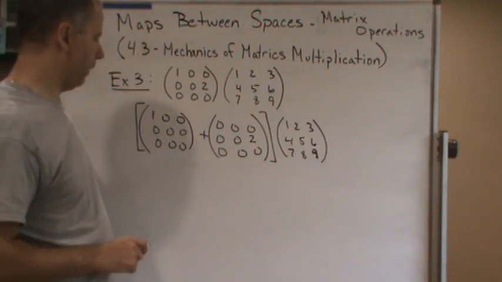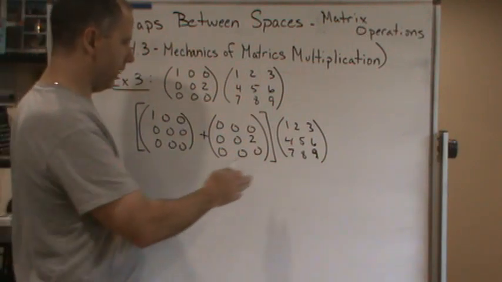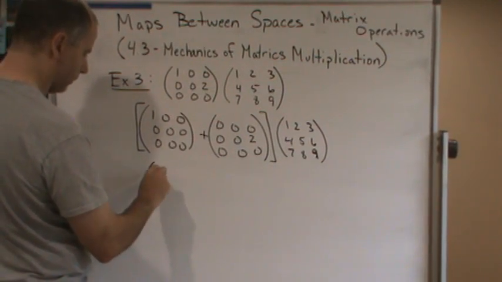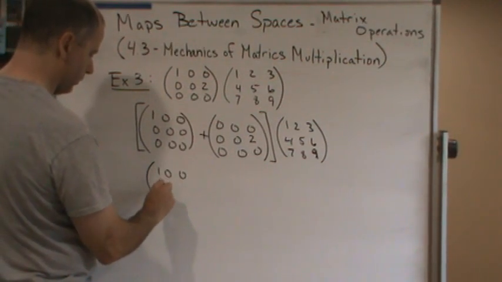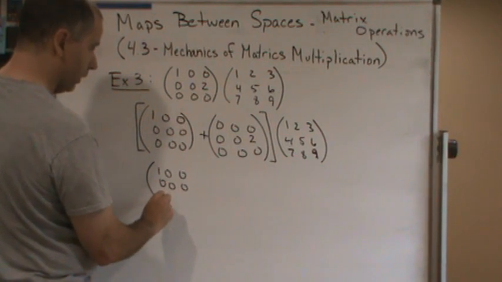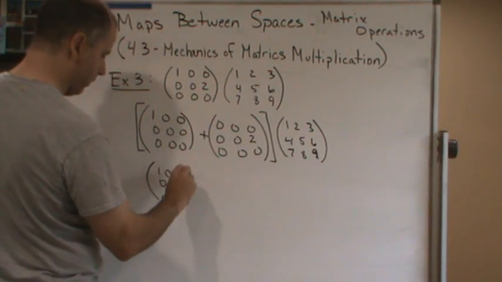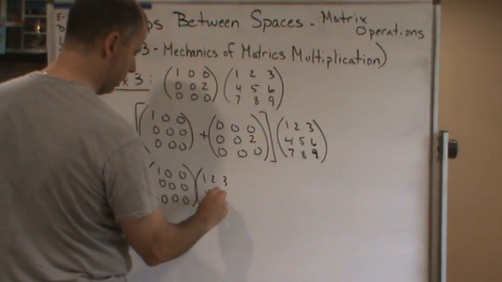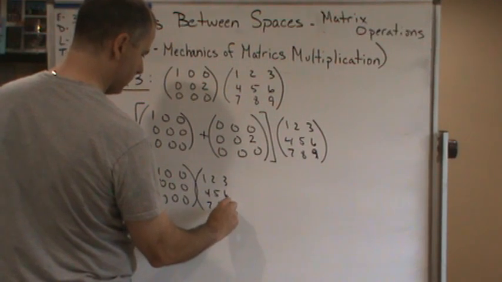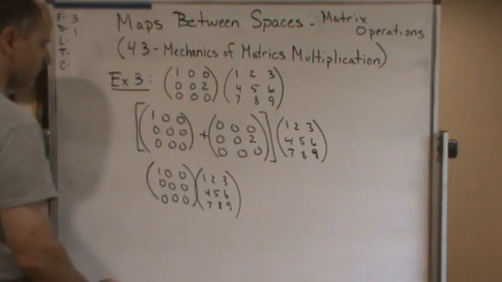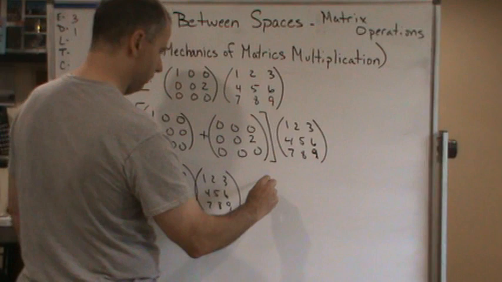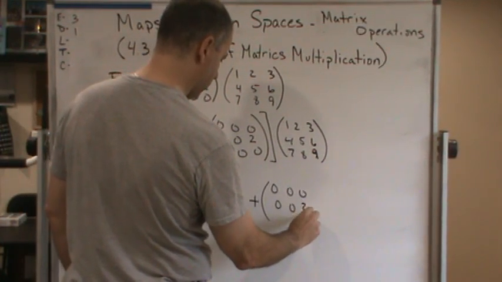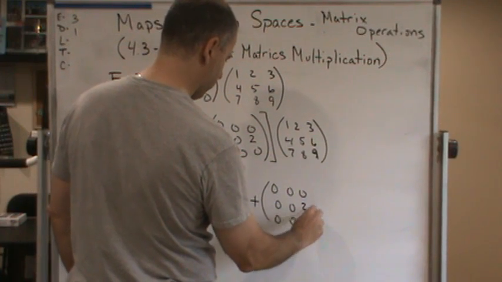Okay, well, think about the distribution property, right? So this is going to be like 1, 0, 0, 0, 0, 0, 0, 0, 0 times 1, 2, 3, 4, 5, 6, 7, 8, 9, right? Plus 0, 0, 0, 0, 0, 2, 0, 0, 0.